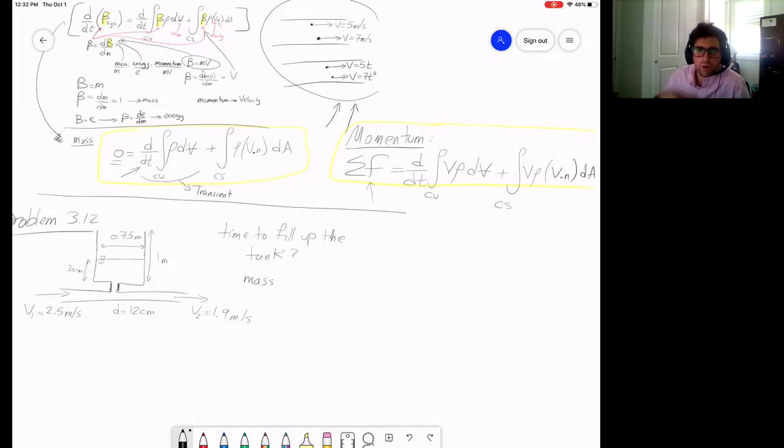We're just dealing with volumes and heights and these things. So that's why we're using mass. And I didn't use energy because I don't see any heat. I don't see any work. I don't see any power. I don't see a pump. There is no boiler, no condenser, nothing. That's why I used mass. Very simple.